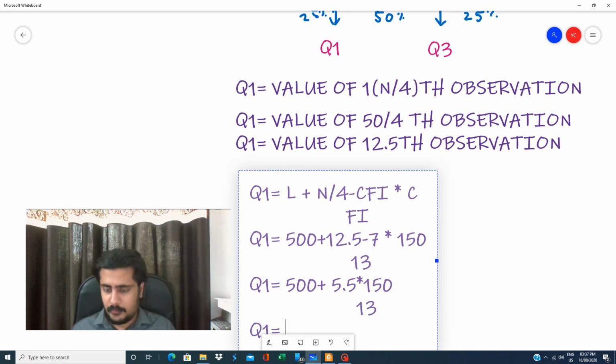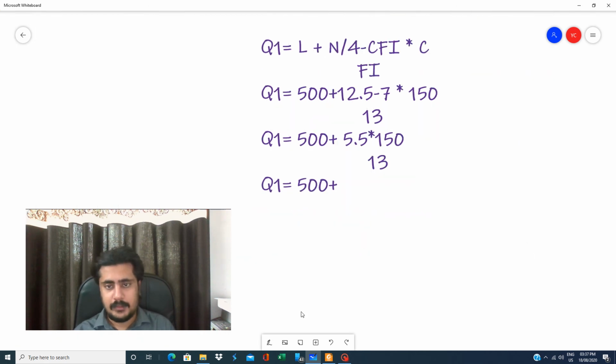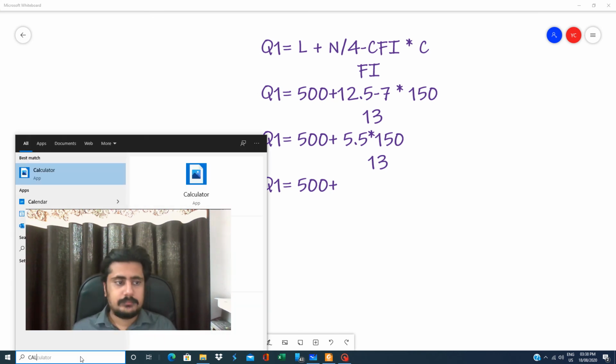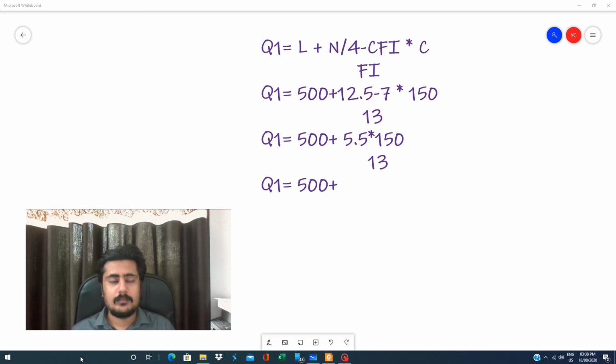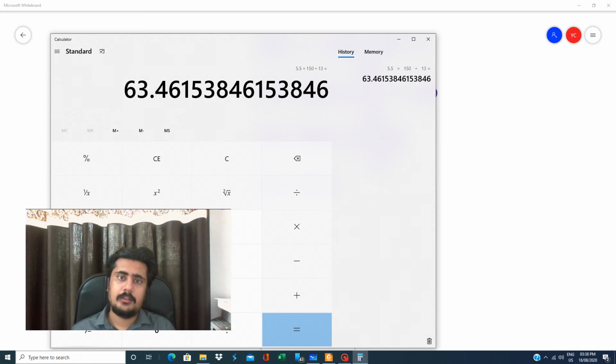Now let me solve this. 5.5 into 150 upon 13 is 63.46.